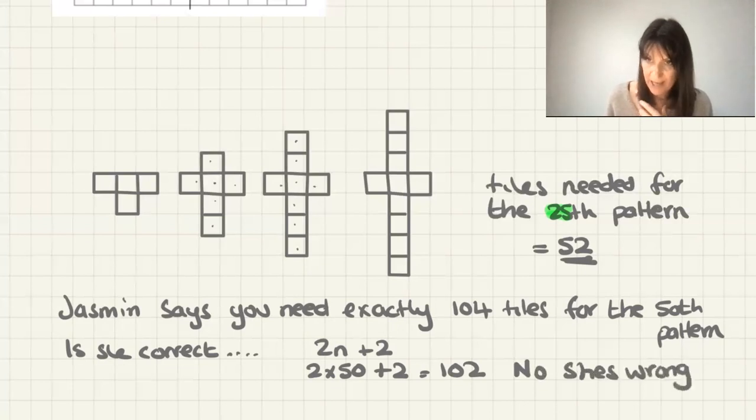I don't have to write any more because my explanation is here. No, she's wrong. She needs 102, not 104. So when you have an explain question, wherever possible, do whatever maths is involved in the question. That way you can really answer the question yes or no.